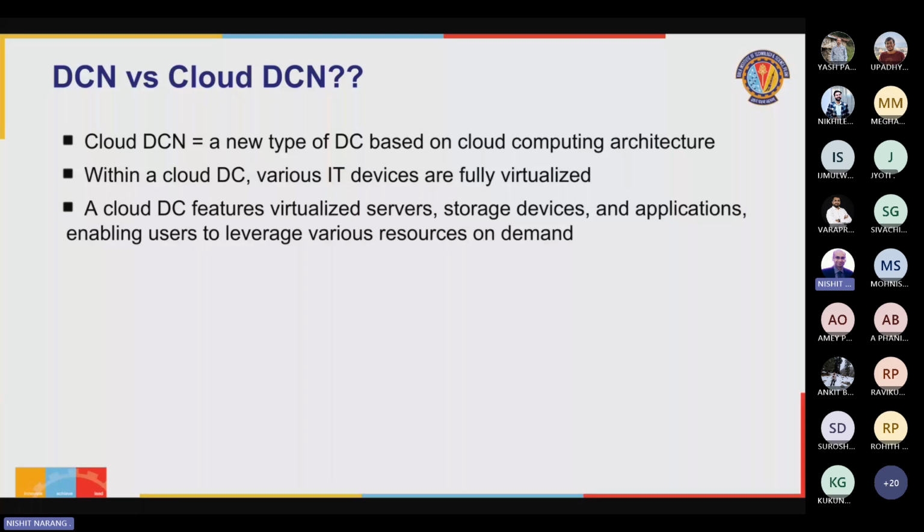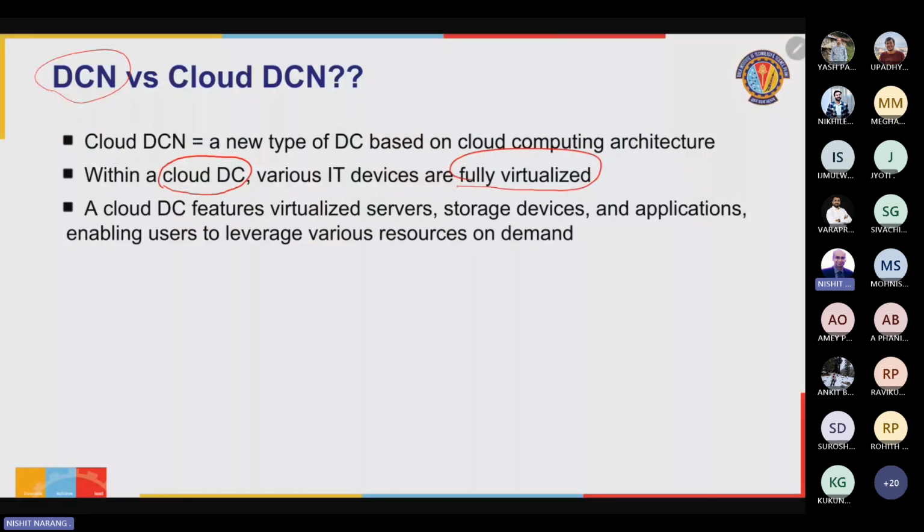So when they say a cloud data center, just like we said, when we just say data center, we're actually talking about a physical data center with all the physical infrastructure. But when somebody says a cloud data center or a cloud data center network, a cloud data center is a special type of data center where the data center infrastructure is fully virtualized.